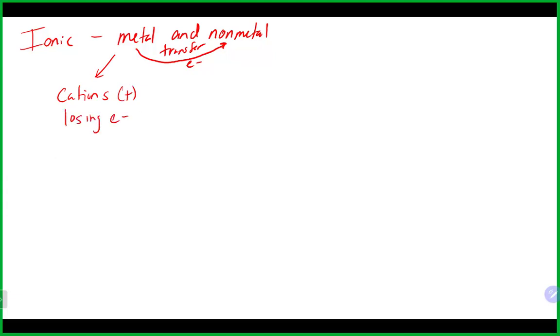And the nonmetals which gain electrons now will have more electrons than protons, which means they have more negative than positive charge, and they will end up becoming more negatively charged, and our nonmetals will become anions. And those are negatively charged by gaining electrons.